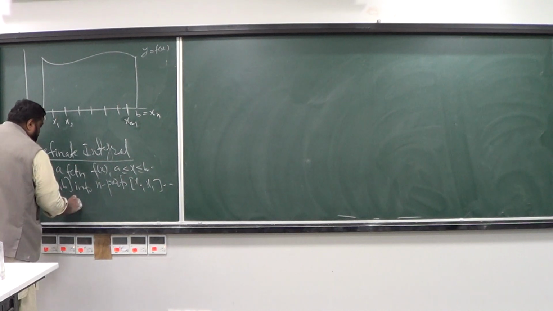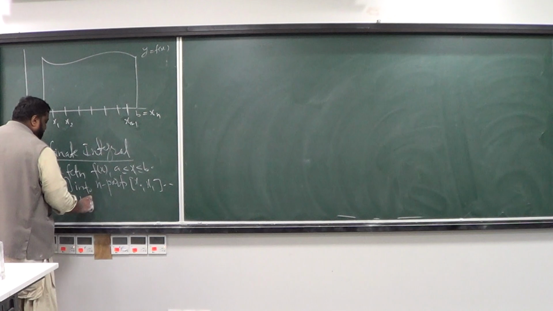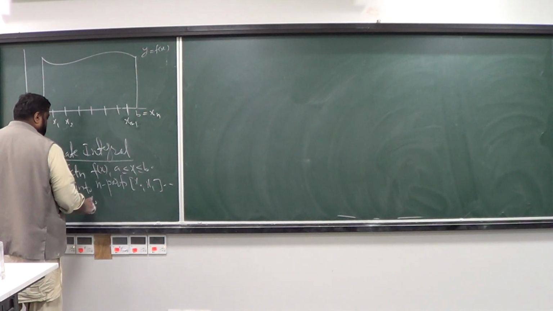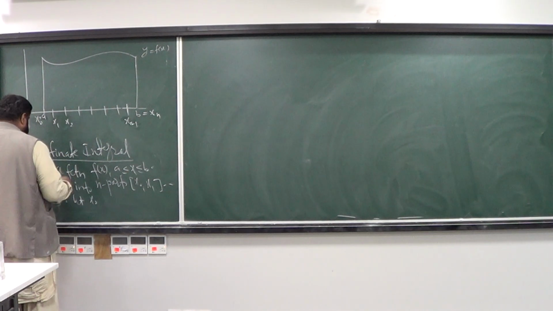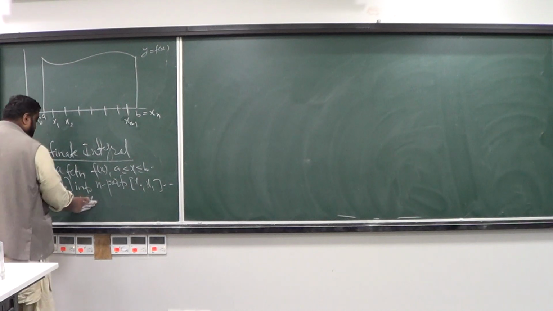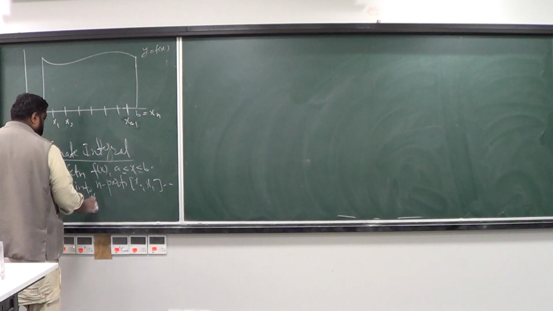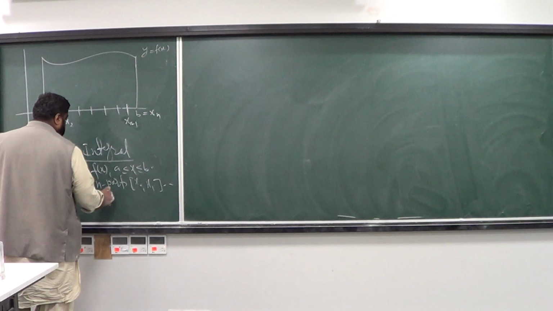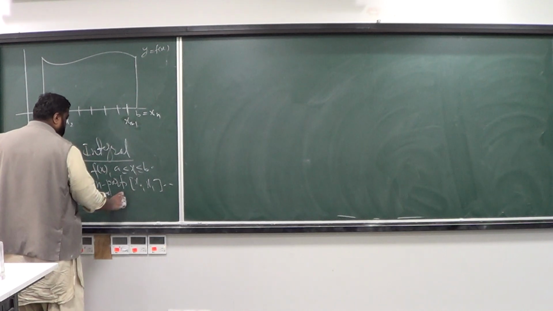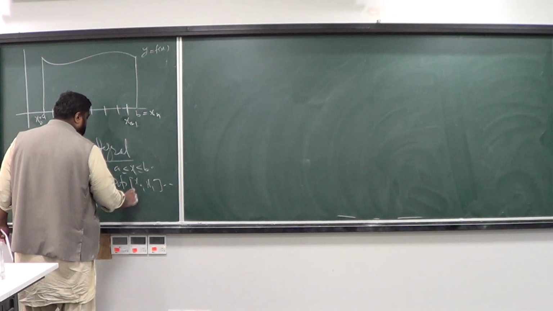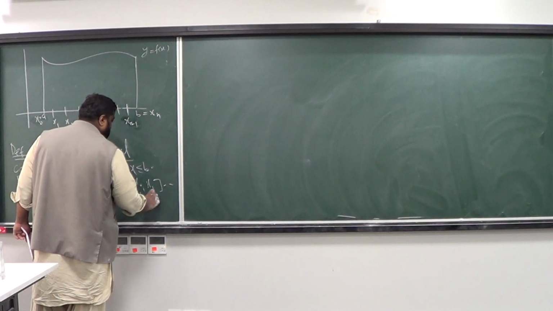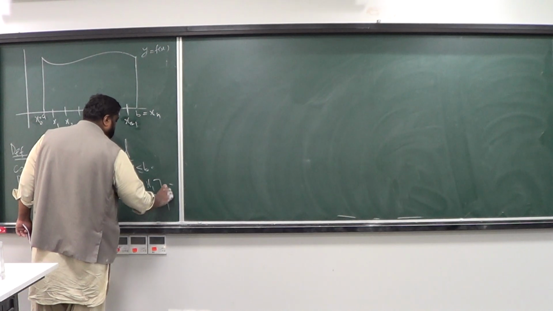So let's say x0 star or x1 star, x2 star, and so on and so forth, and xn star be sample points. So what are these?